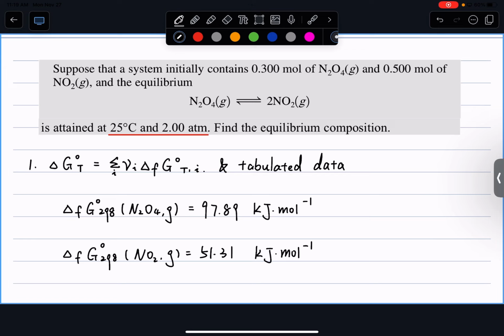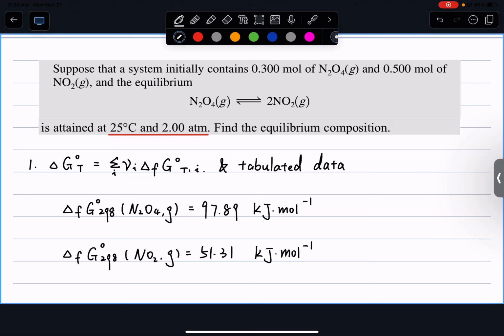And the next step is using our initial condition and also our extent of reaction ξ to express the number of moles of these species at equilibrium. We have N2O4, and you have NO2 as a product.